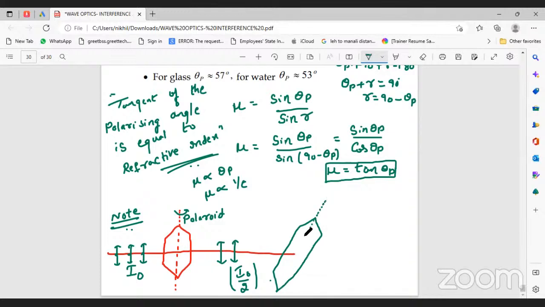This will be the axis. This axis will be as the initial one, like this. This angular separation I'm going to give as 60 degrees. Can you tell me what will be the intensity coming here?